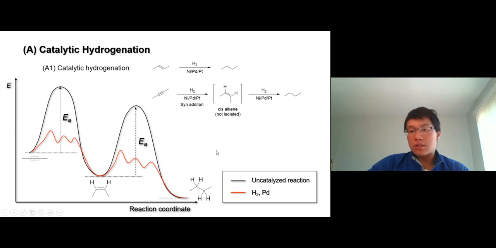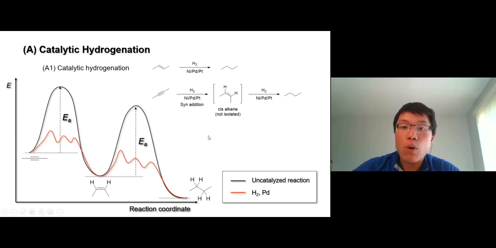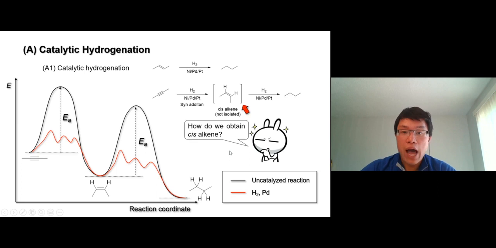Right? Now the question is, what if we want to synthesize an alkene from an alkyne? We want to obtain an alkene. What do we do? Well, one thing we can do is design a catalyst that catalyzes only the first addition and not the second addition. Okay, there's a mechanism to it, but this is the logic behind it.